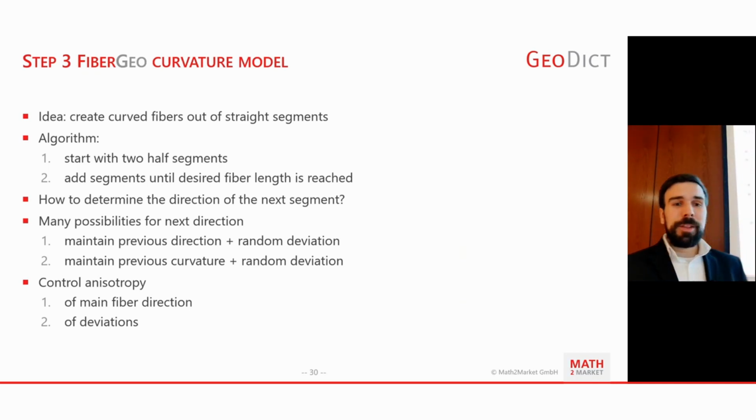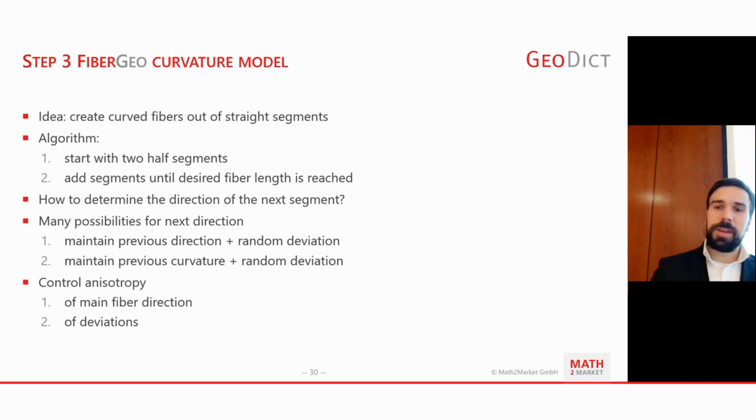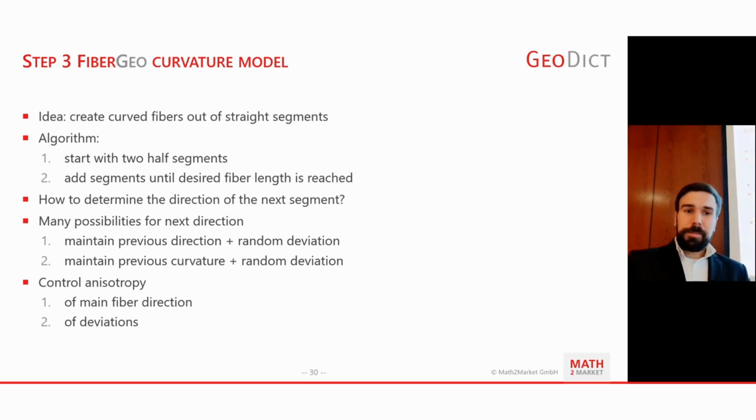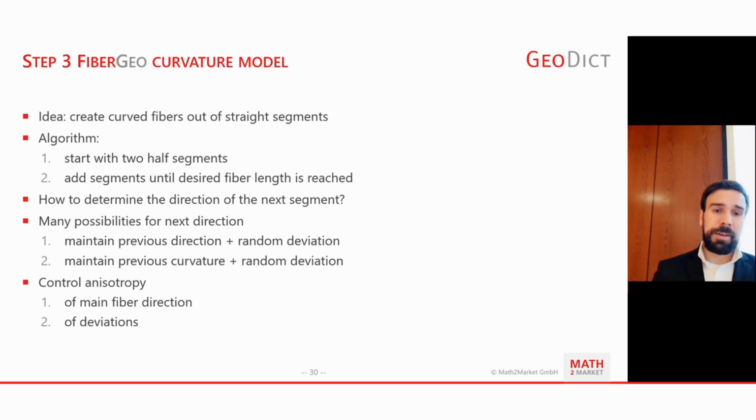Well, in principle, we start with two segments of fibers that are randomly oriented to each other. And then we add segments of a predetermined length step by step. And we somehow have to decide in which direction, starting from a point, the fiber should go on.